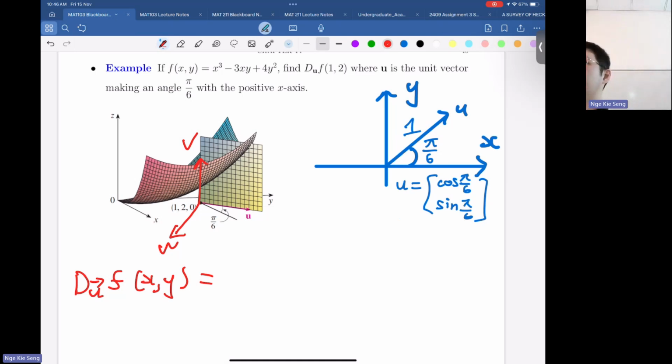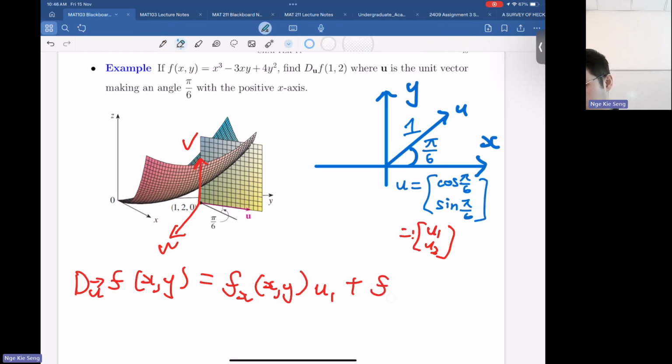It's f_x(x,y) times a. In this case, let's name the components u1, u2 to be consistent. So f_x(x,y) u1 plus f_y(x,y) u2.